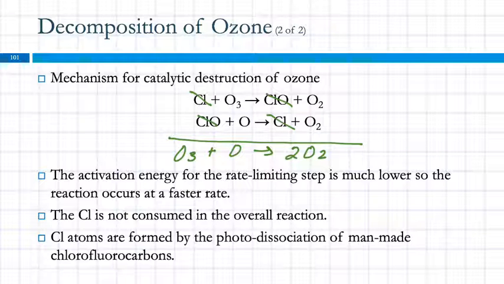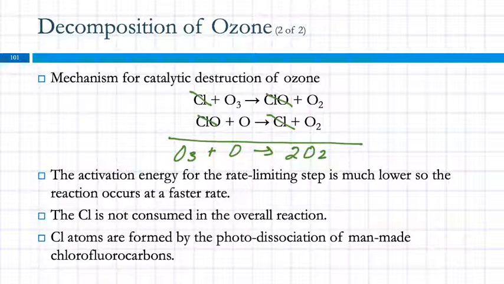Yes? Since chlorine is in the first step of the mechanism and then in the second step, does that make it a catalyst? Yes. So, ClO is a reaction intermediate. It wasn't present initially. It's formed and destroyed. Chlorine is a catalyst. It was present initially.